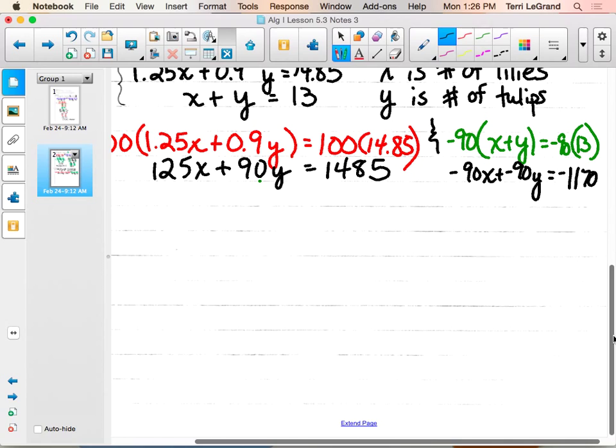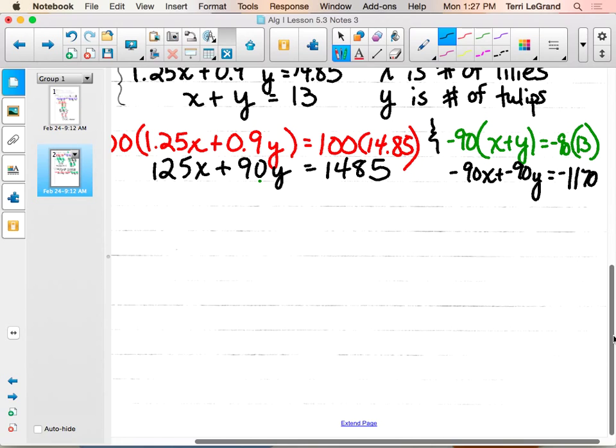And notice by renaming that first one, so we got rid of the decimals, it made it really easy to decide what to multiply the second one by. If we had not renamed that first one, we'd have been trying to multiply by decimals to rename, and it would not have been fun.